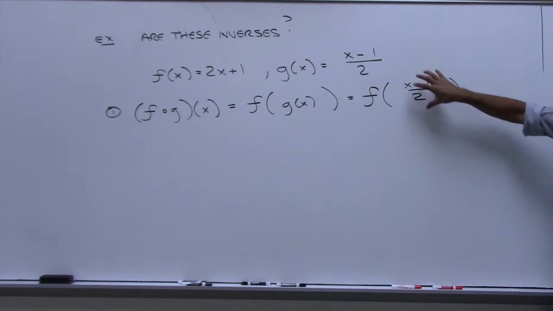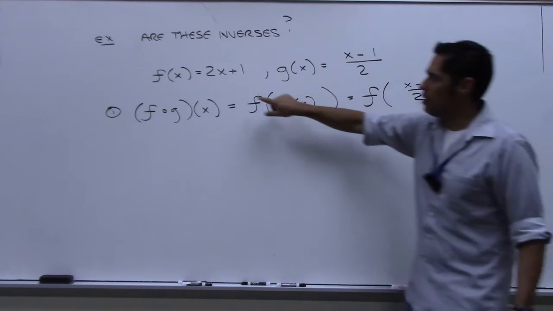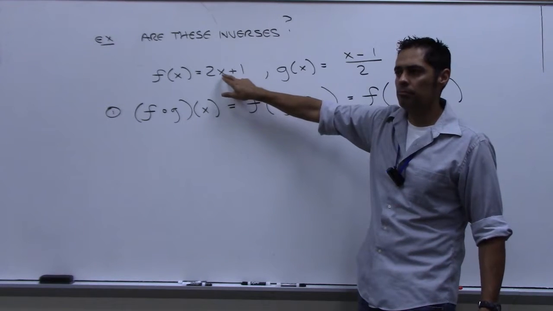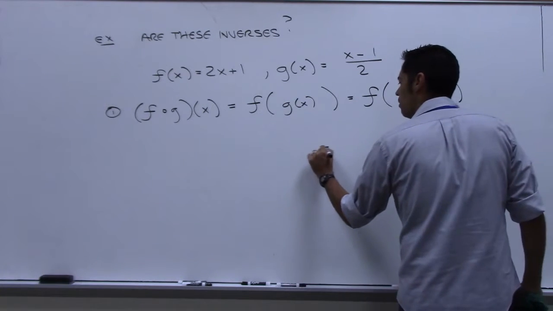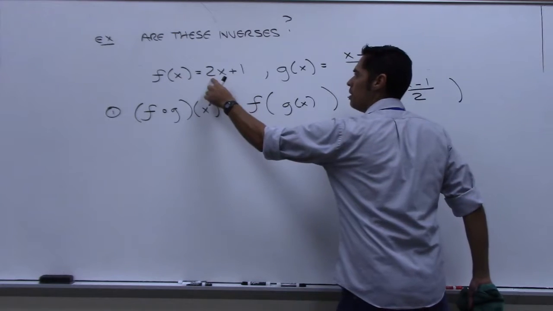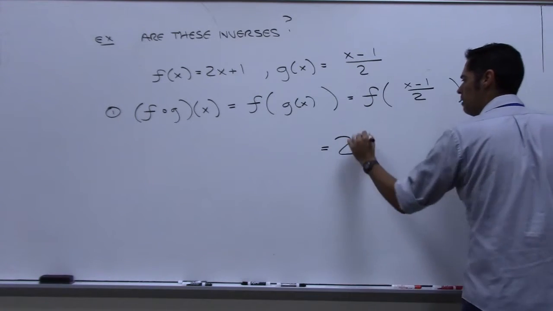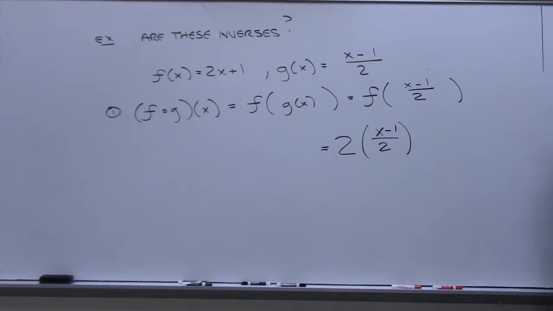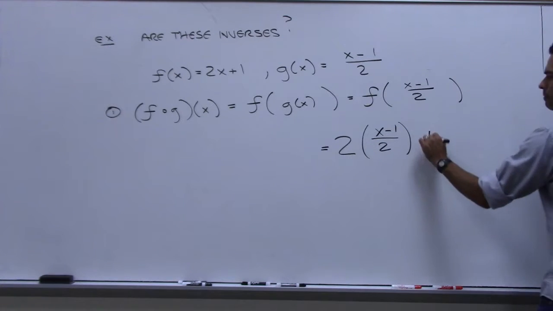And so now you're going to take x minus 1 over 2, and you're going to plug it into the f function. So it's going to go into this function and replace the x right there. So it's going to go 2, that's this, but instead of x, this whole thing, I'll put it in parentheses. What's still out here? Plus 1.